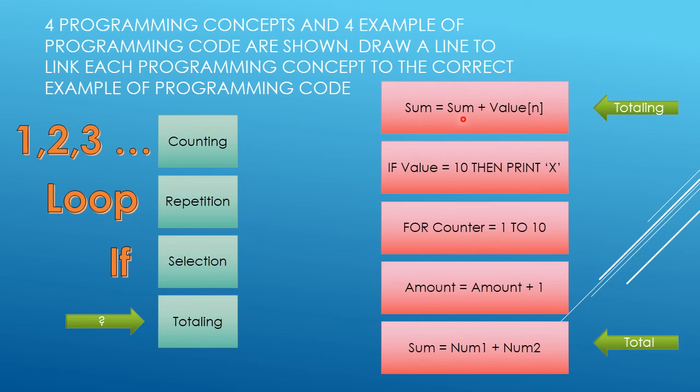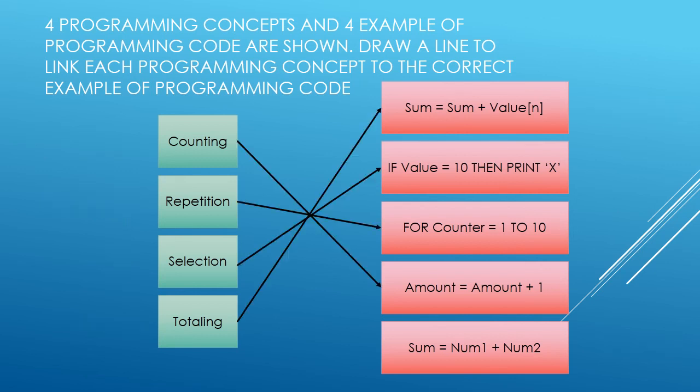So actually this one up here, the first one, is totaling, not the one at the bottom. Okay, so if you were to draw the lines, you will get this answer over here. All right, so one line to one answer, one programming concept to its example.